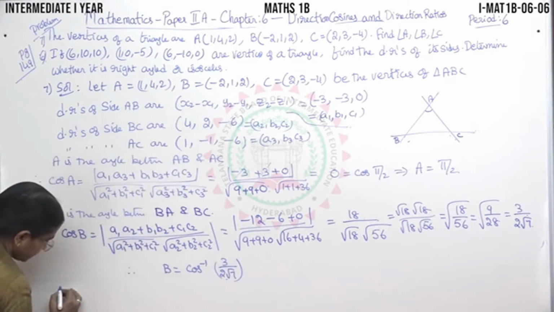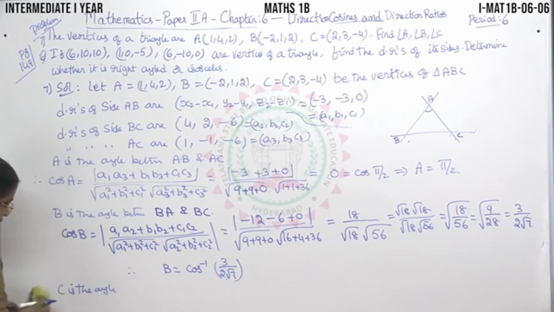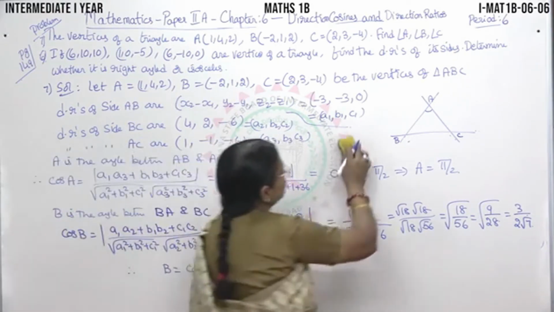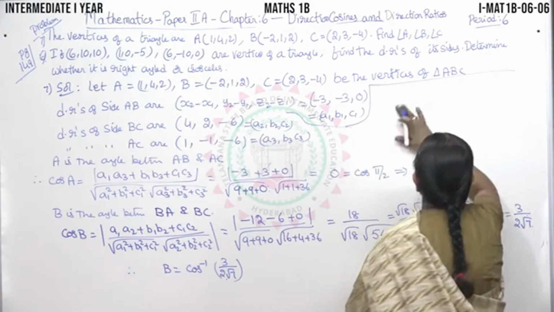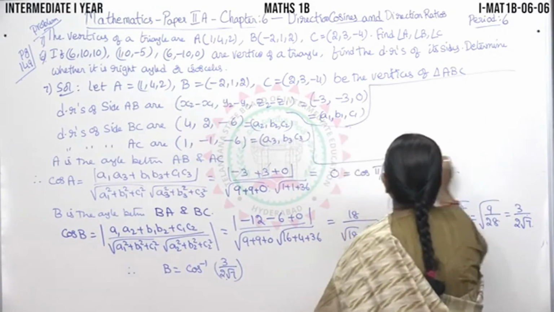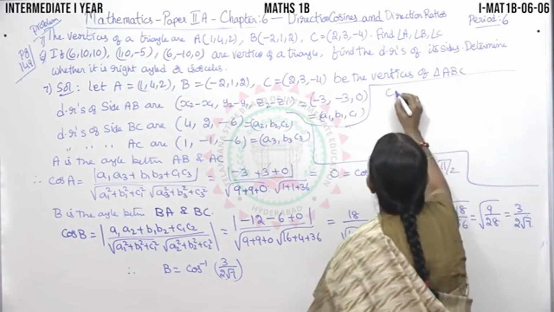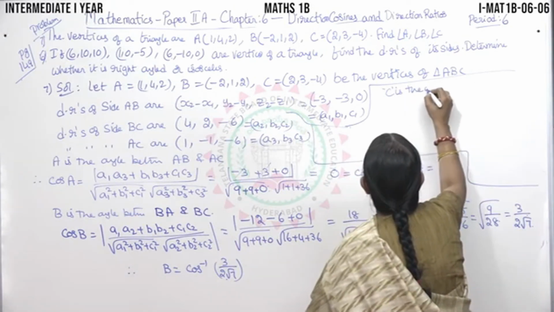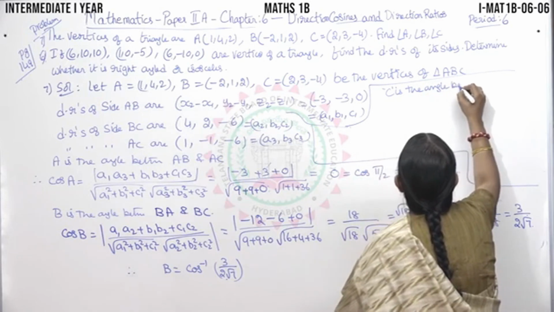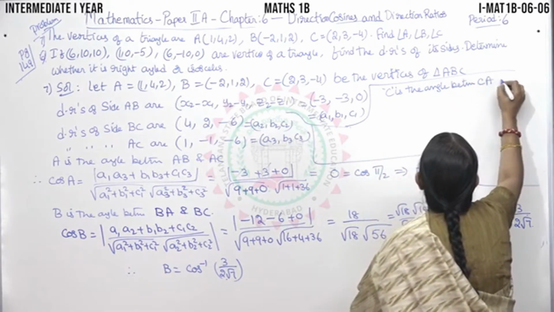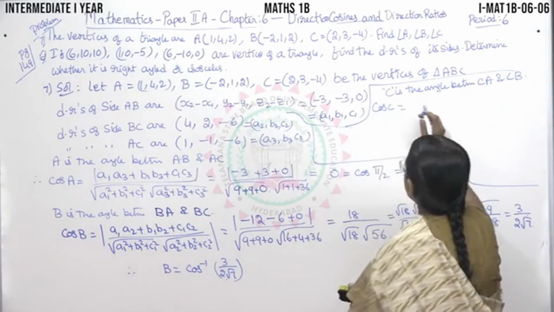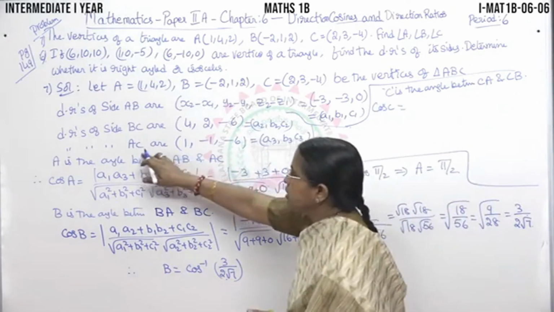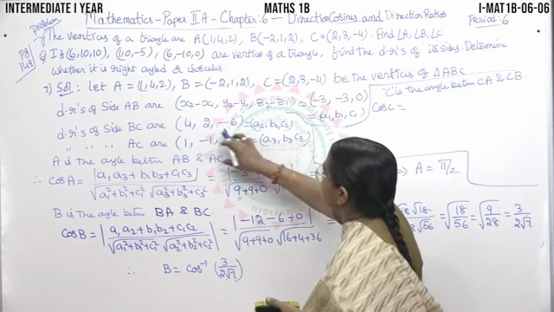Now C is the angle between CA and CB. So cos C is equal to, CA or AC is this, CA and CB means this.